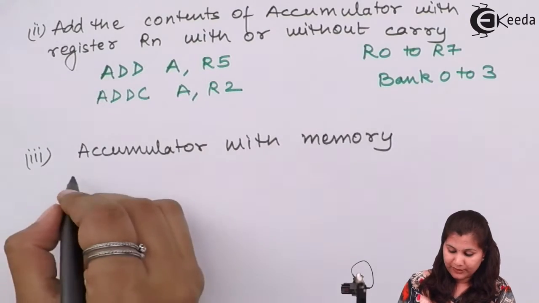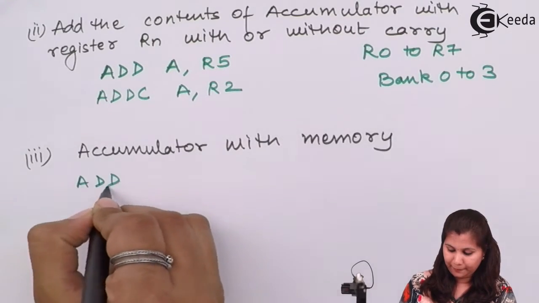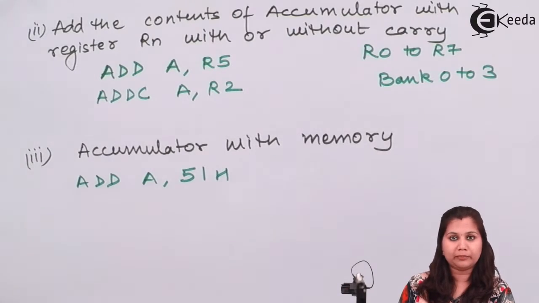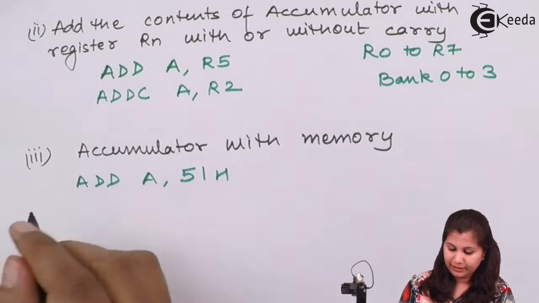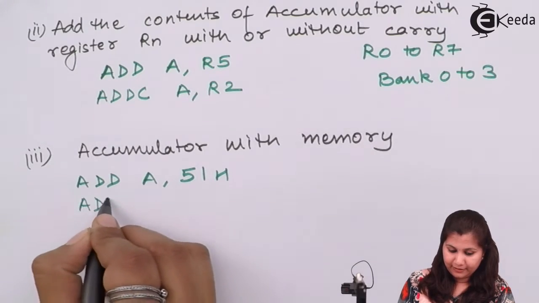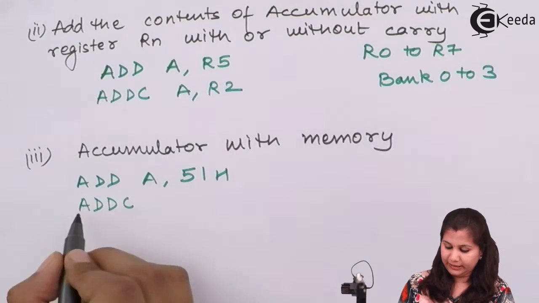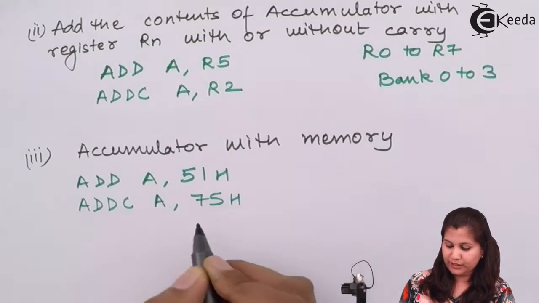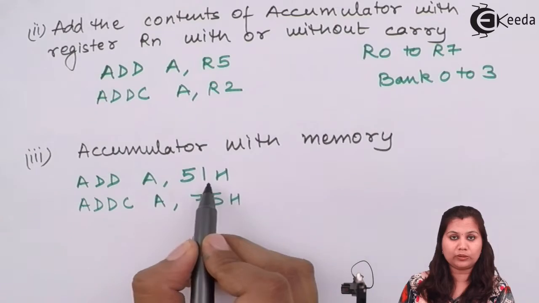So example of this will be ADD A, directly we are writing the address of the memory location, so they will be added. With carry, if we are adding, so ADDC A comma 75H. So this is with carry, this is without carry.